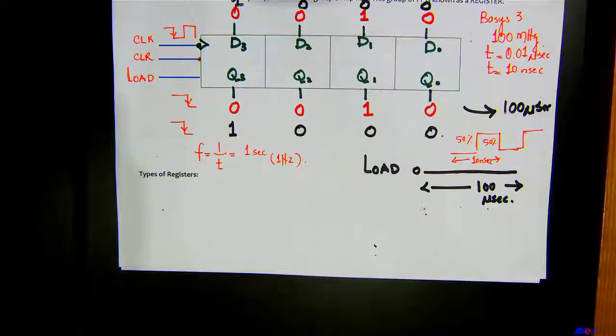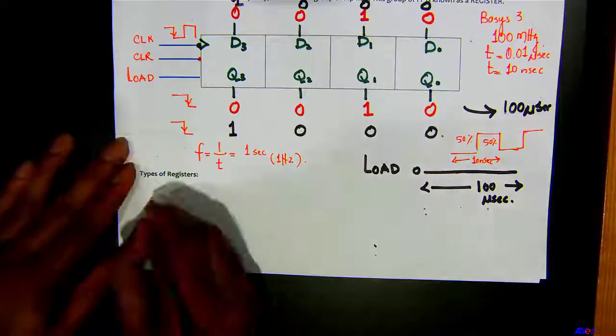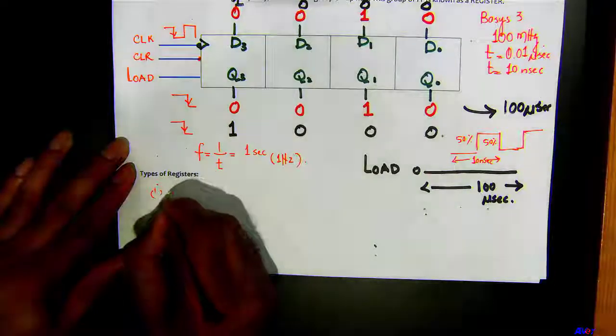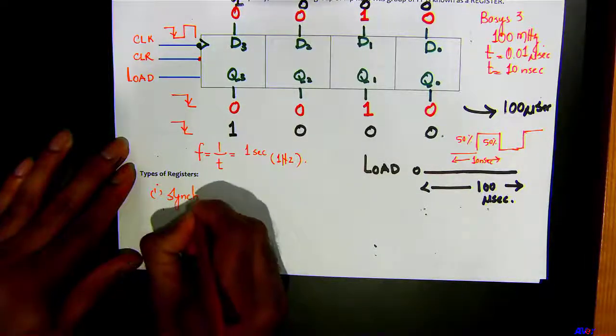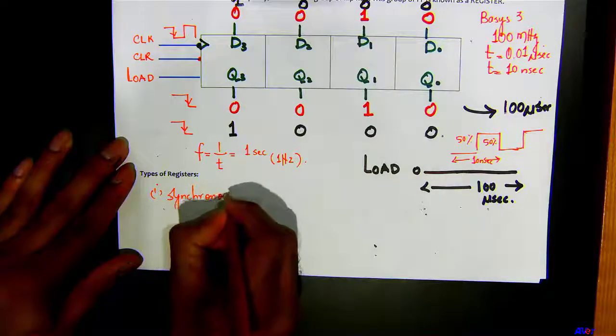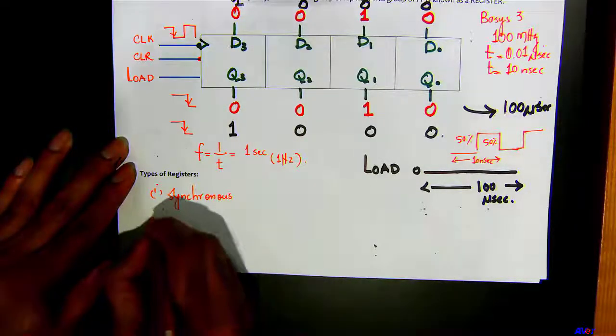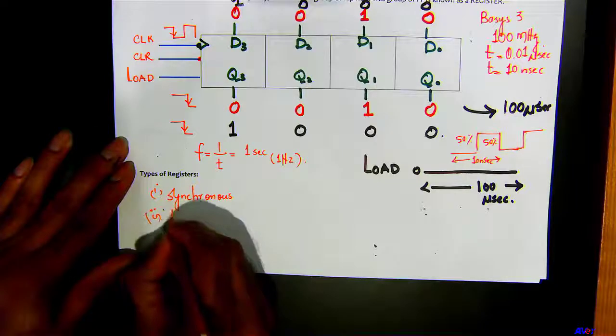Coming to types of registers, these could be 2 types. One is the synchronous, and the other one is the asynchronous.